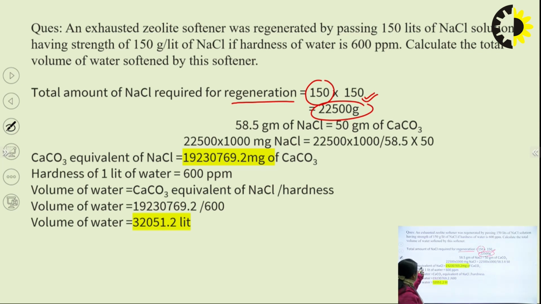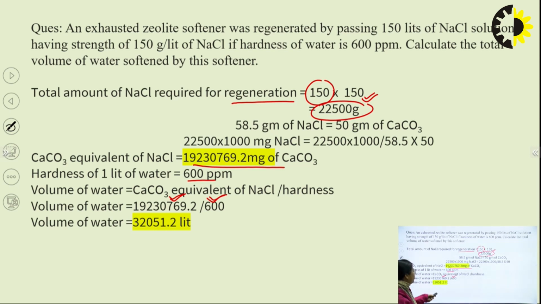So, the calcium carbonate equivalence of NaCl is so much hardness produced by n liters of water, and 1 liter of water produces so much hardness. So, the volume of water that was passed through the zeolite softener is equal to the hardness produced by n liters of water divided by the hardness produced by 1 liter of water.